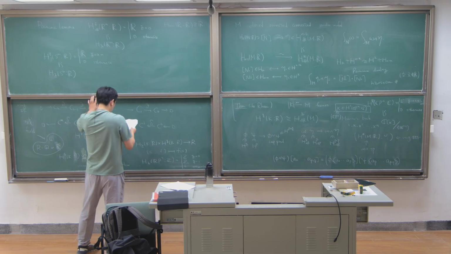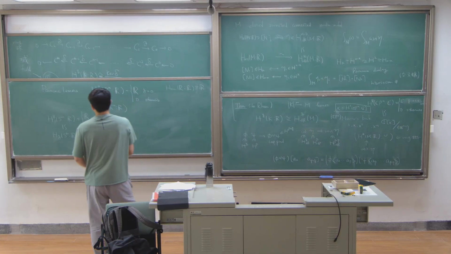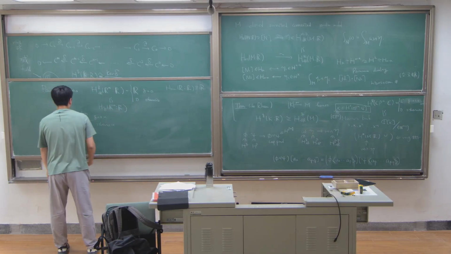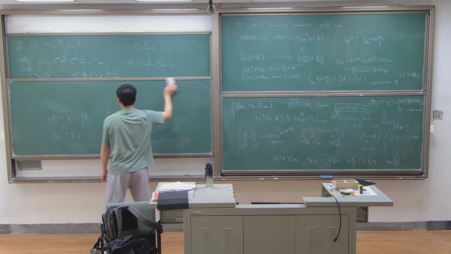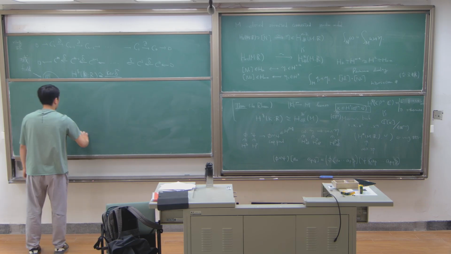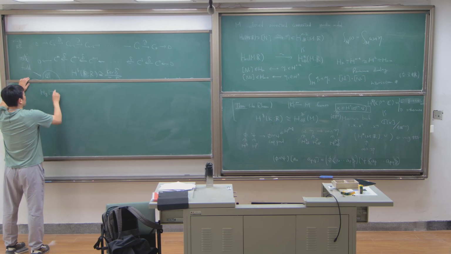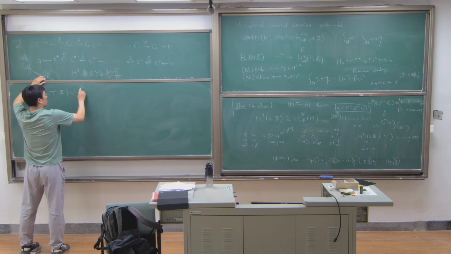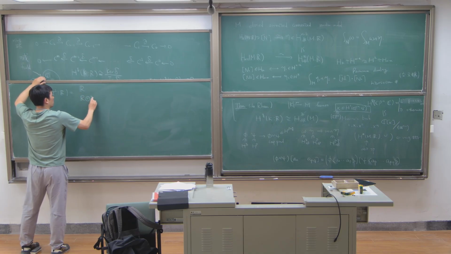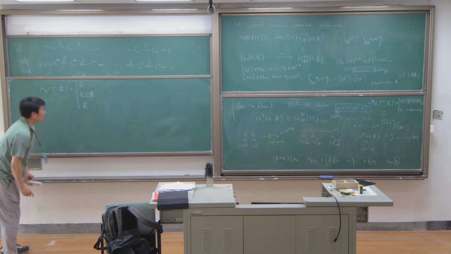Okay, let's look at the example. So the torus homology group we already saw last time, like this one.